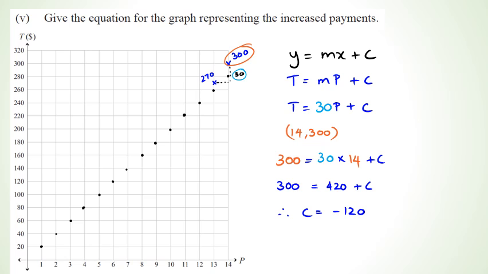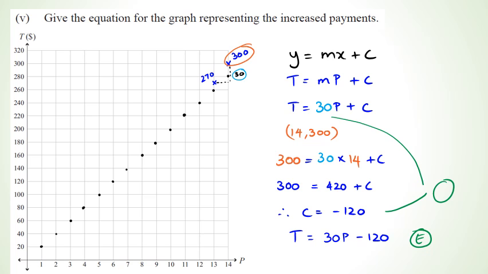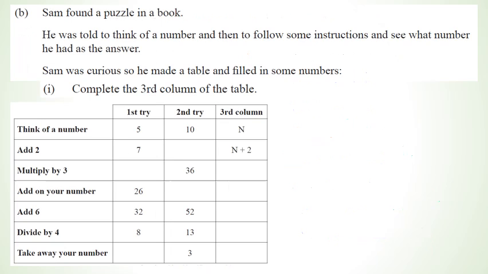So the equation that I'm looking at in this case is going to be t equals 30p minus 120. So in terms of grades, get the last part right, you get an excellence. If you get either c correct or you understand that the gradient is correct, then it's not a merit, sorry, that should be an achieved. All right, let's go to the next question.